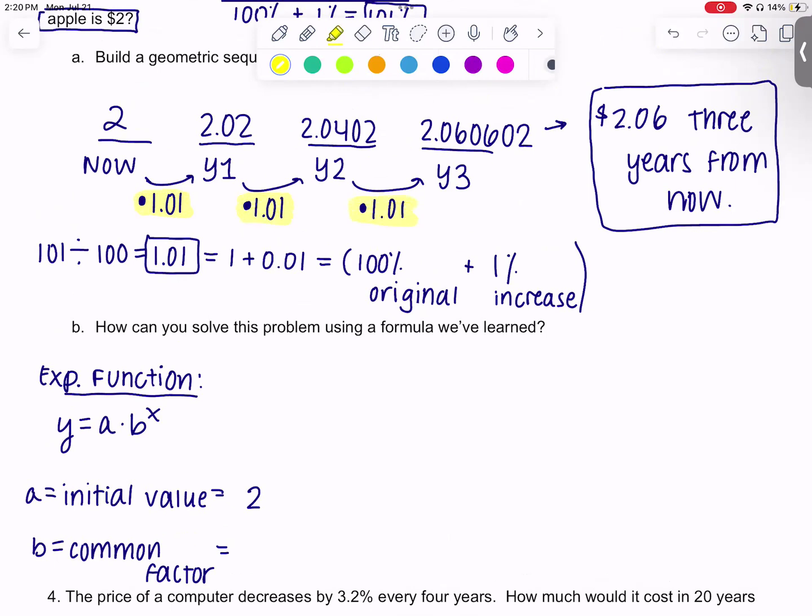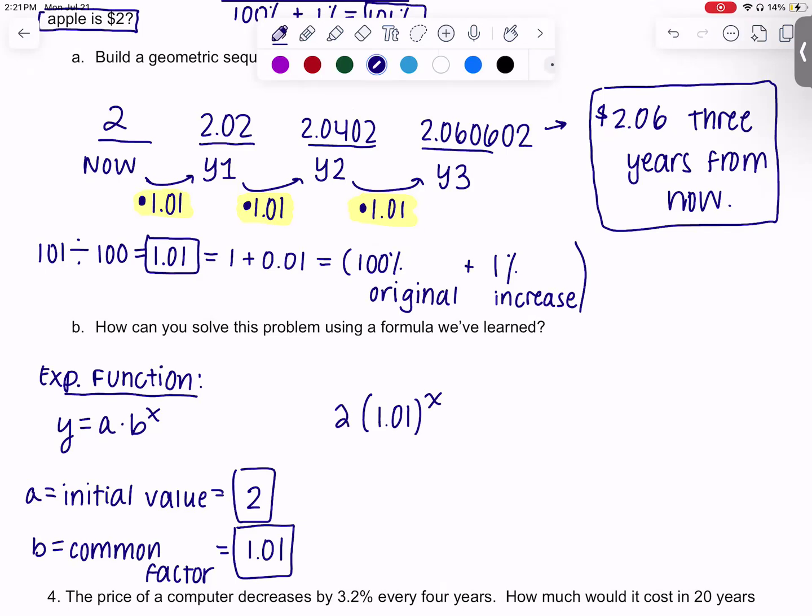It's increasing by 1%. And this makes sense because if we're multiplying by 1.01 every year, then 1.01 is our base raised to the power of x, where x is whatever year we're looking for.